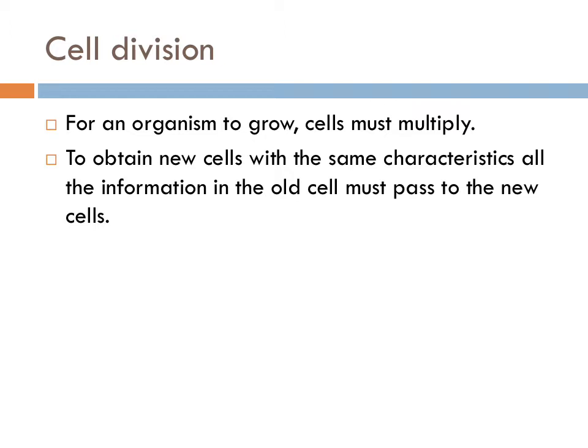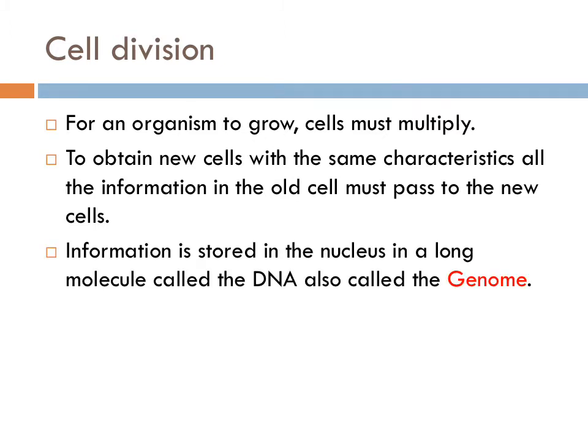There must be a DNA which codes for the characteristics of this living thing. The information is stored in the nucleus in a long molecule called the DNA. There is another name for it. We call it the genome. So the human genome is just another word for the human DNA.